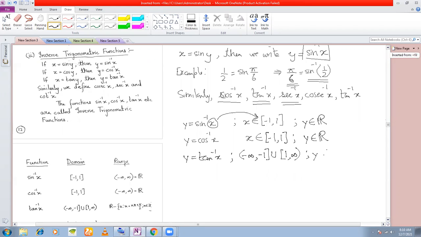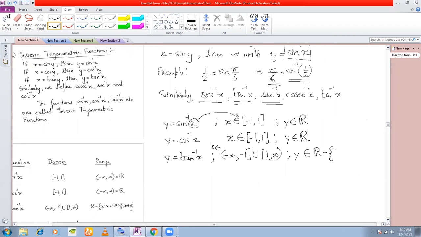X can take any value. Okay. X belongs to the set of real numbers, and here y belongs to the set of real numbers minus the set of y such that y is equal to n pi plus pi by 2, where n is an integer.